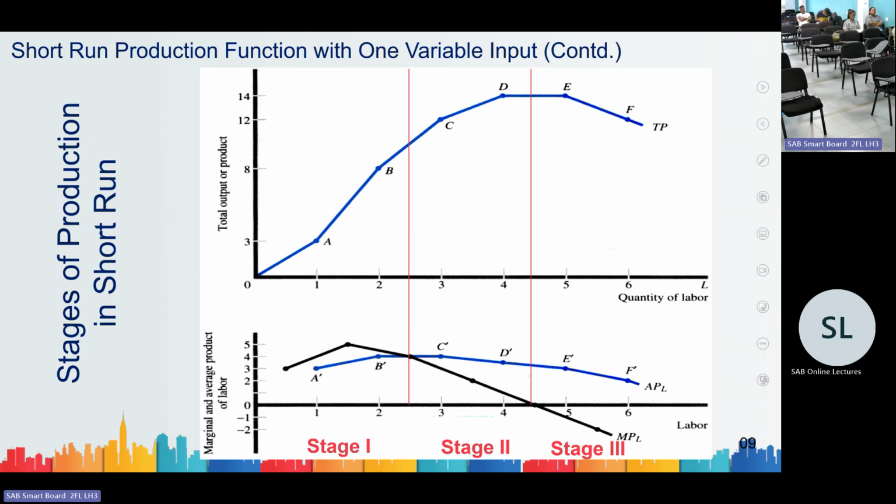And then we discuss the stages of production in the short run. There are 3 stages of production in the short run: stage 1, stage 2, stage 3. Stage 1 starts from 0 level of production.